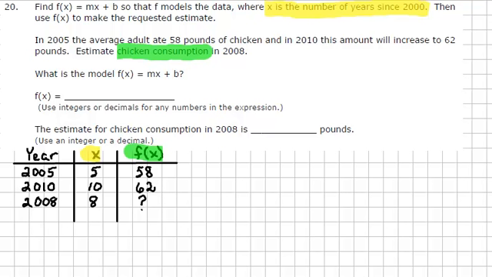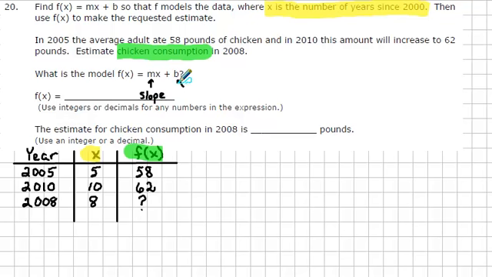We're asked to find a model that has the form f of x equals mx plus b. And so what we want to recall in that formula is that m represents the slope. M is the slope.